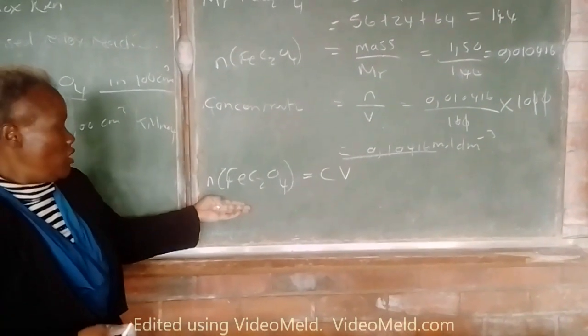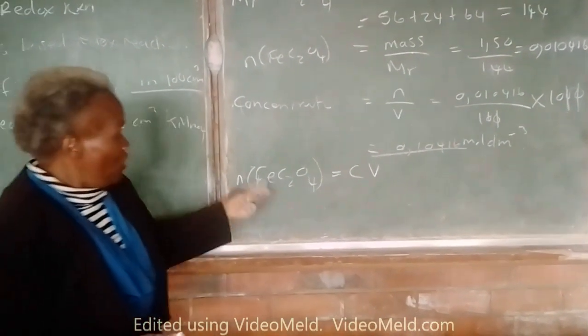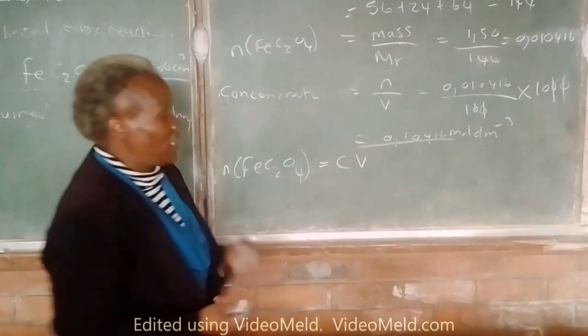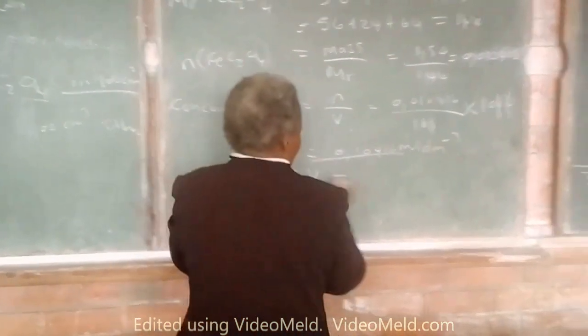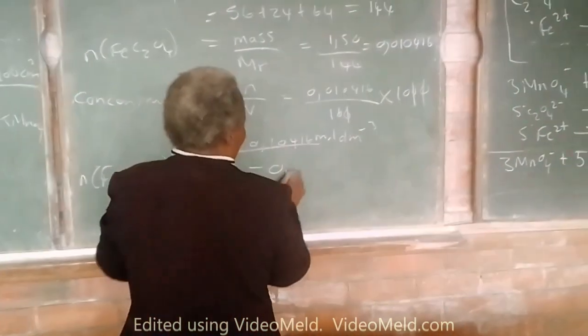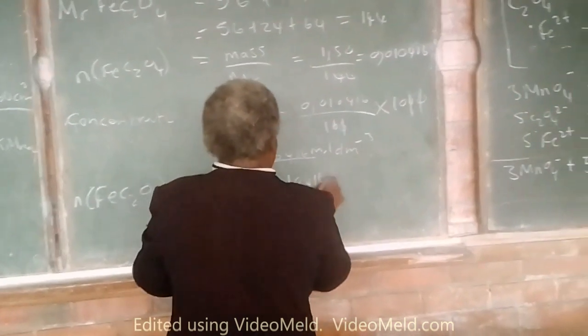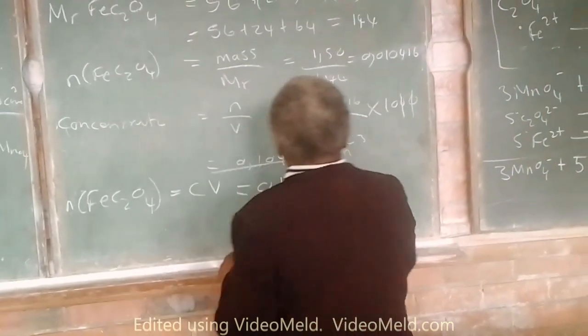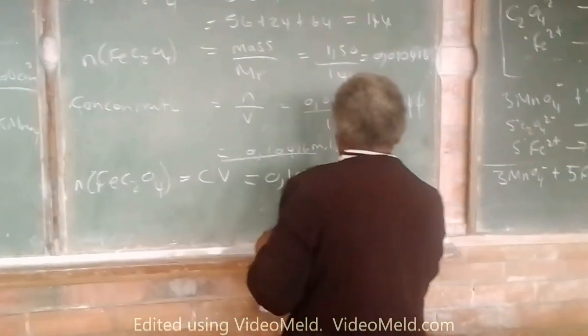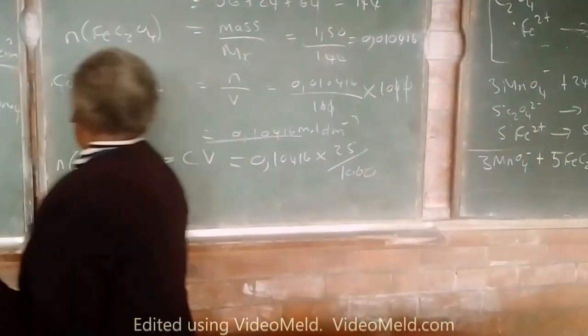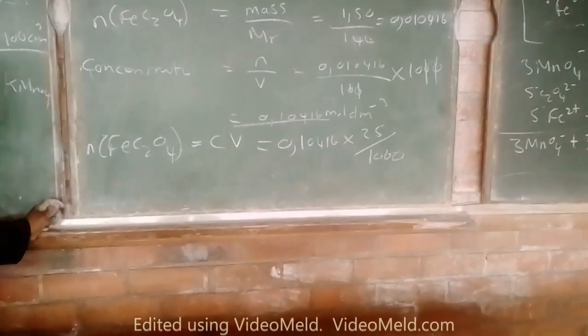Moles of iron ethane dioate is equal to concentration times volume, and so this is the concentration. We calculated it before, 0.010416, and we multiply it by 25 over 1000. Please remember to convert your volume to cubic decimeters.